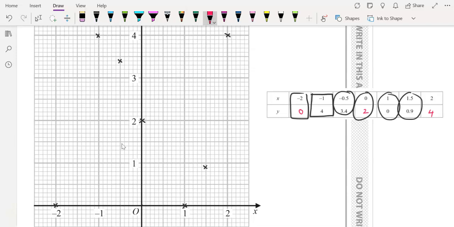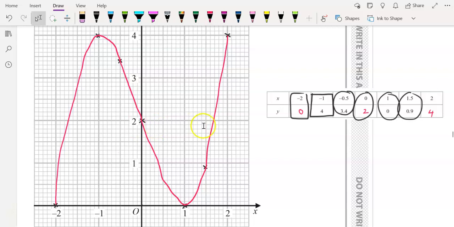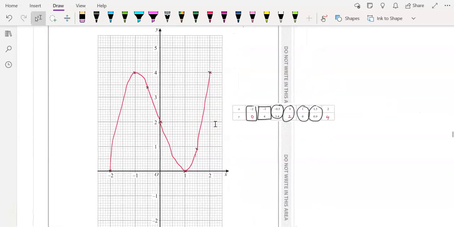So let's join it. Okay. Now this is how your graph will look.